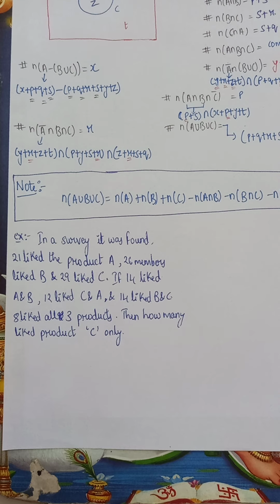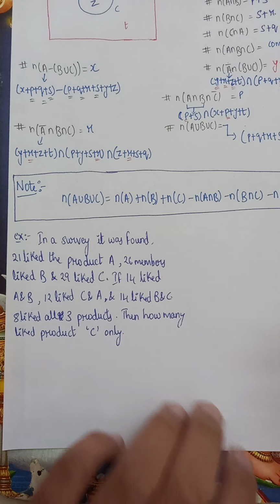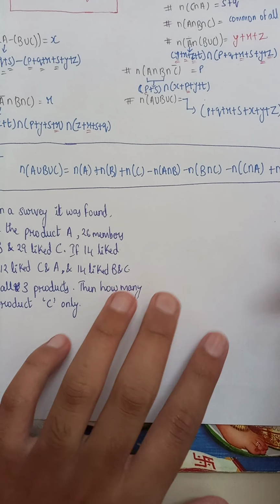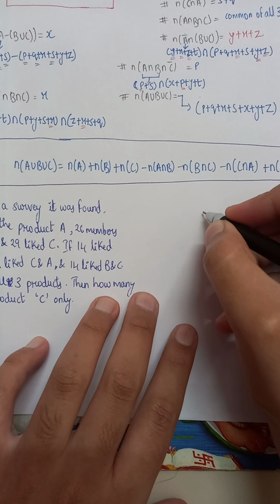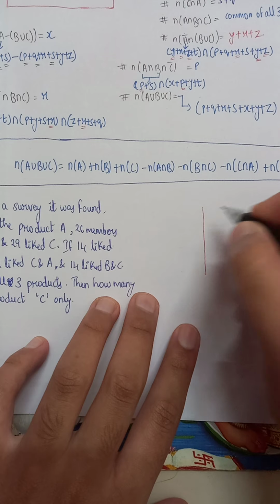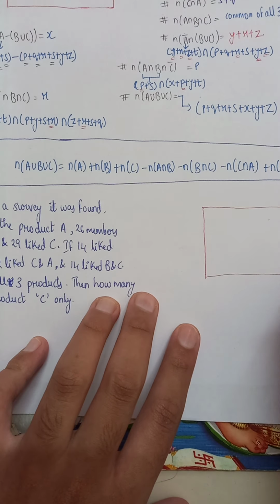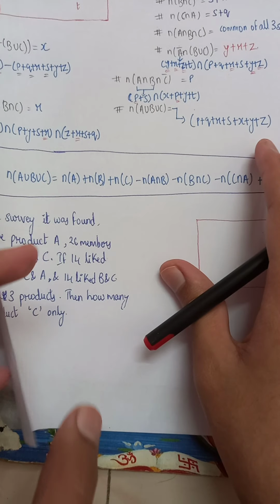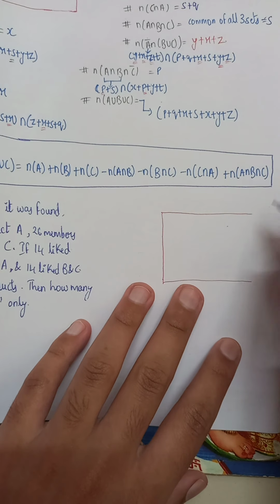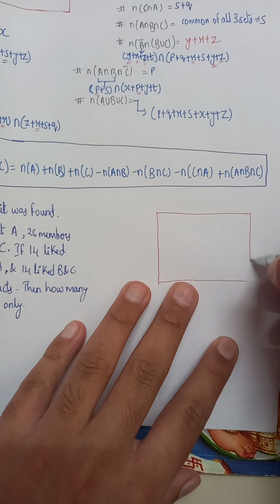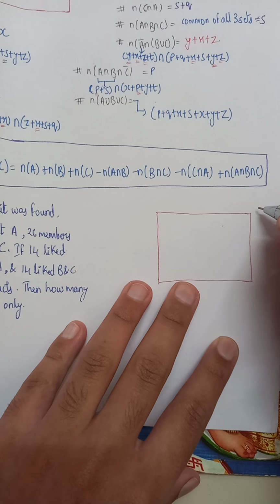Now let's solve this one. First we draw the Venn diagram. A rectangle represents the universal set.